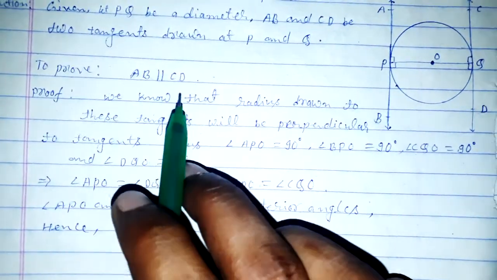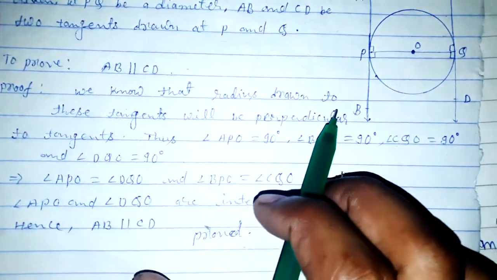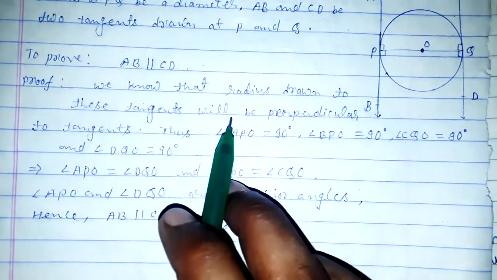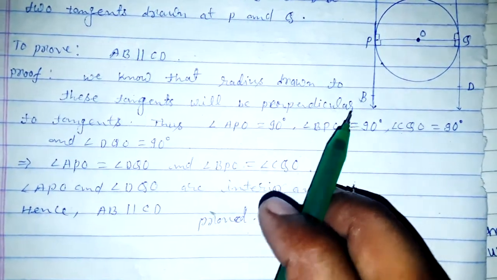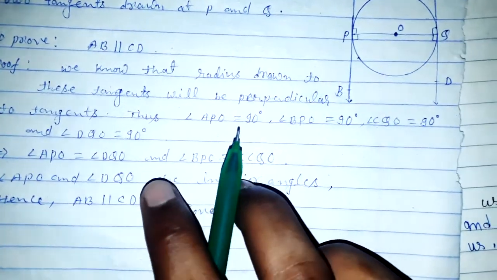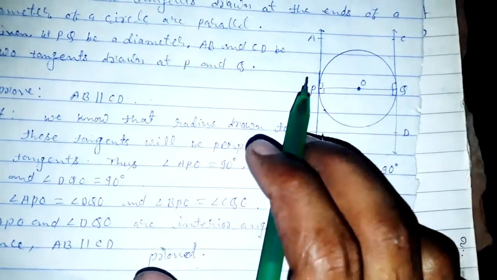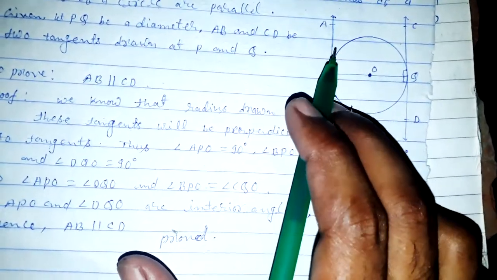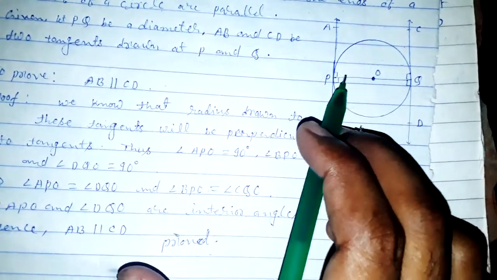Proof. We know that the radius drawn to a tangent is perpendicular to the tangent. Thus angle APO is 90 degrees, because OP is the radius and this is the perpendicular.